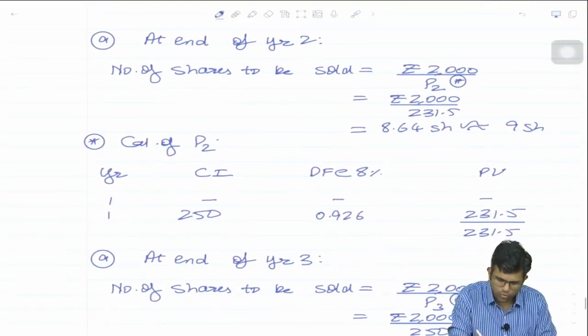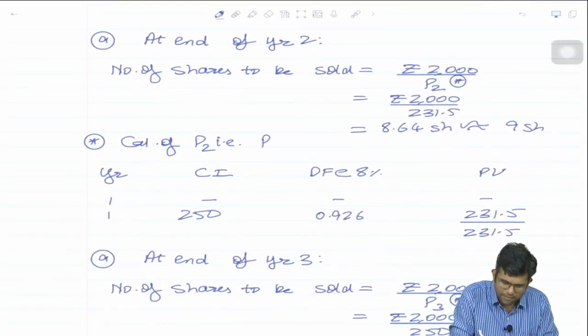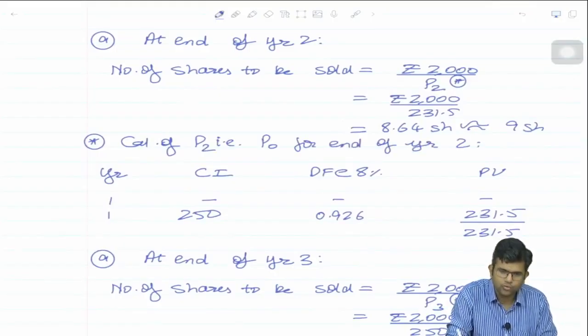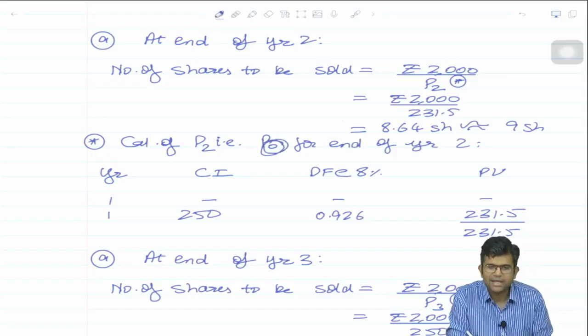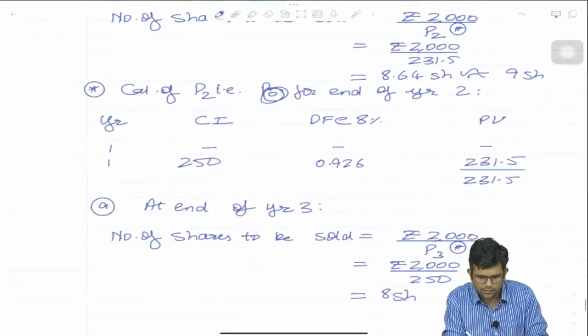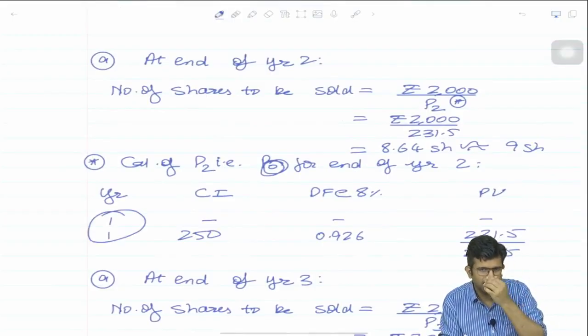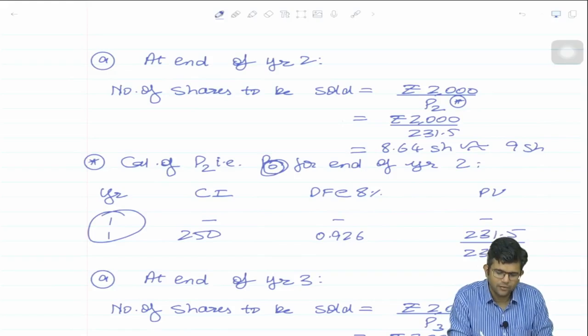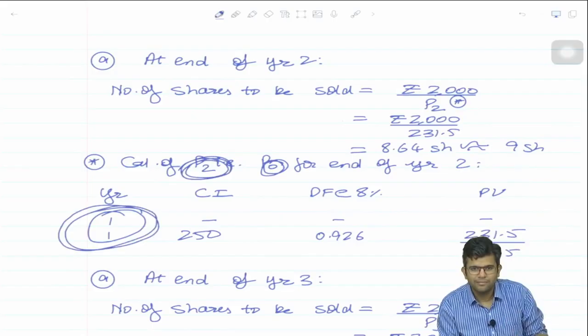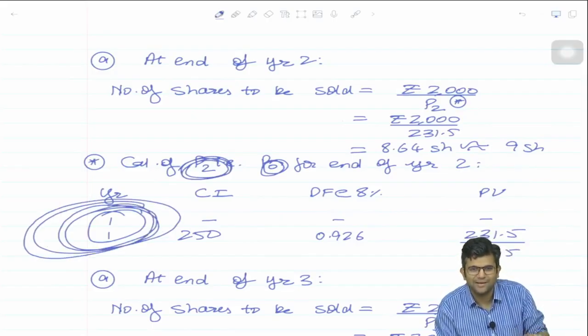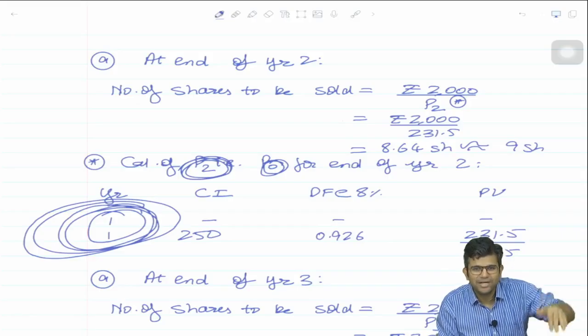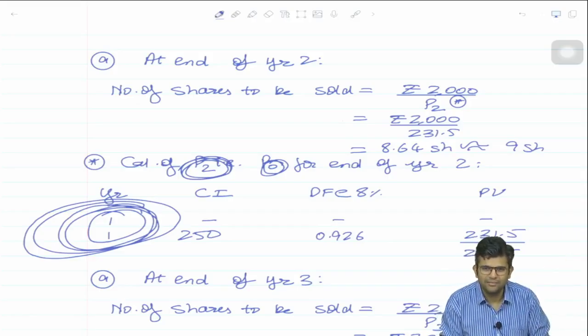Calculation of P2, that is P0 for end of year 2. See, listen, because I am calculating P0, that is why my future cash flow is starting from year 1, no? Some of you can think, sir, if you are calculating P2, then the future should start from year 3. Now I hope you realize this is year 3 only. It looks like year 1 because you are standing at end of year 2. Everyone clear?